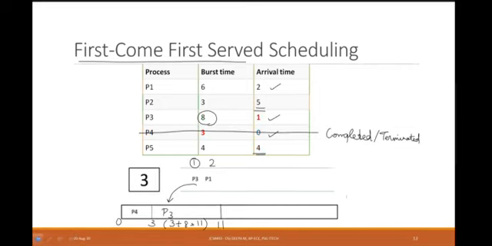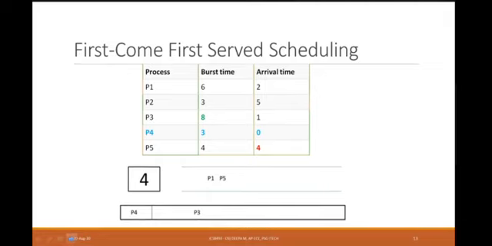So we have process P3 coming in at time 3 because your process P4 completed execution. So now we will allocate the CPU to process P3 and P1 will still be in the ready queue. Okay, at time 4, what happens?